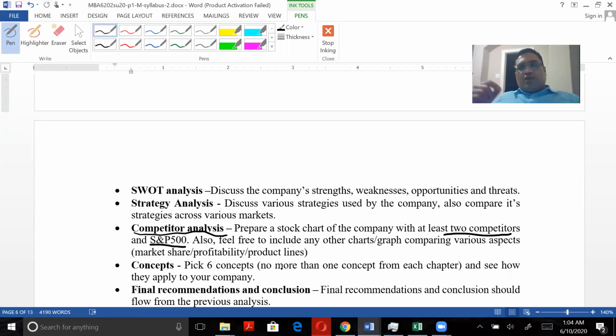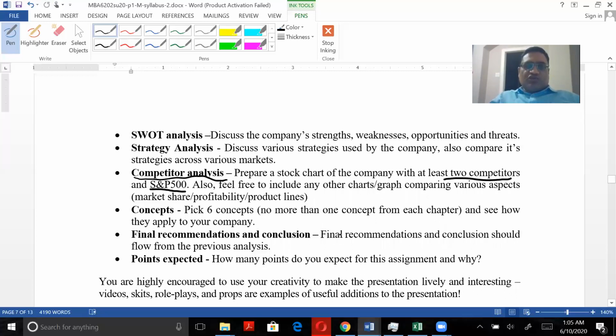So you could say Walmart uses a low-cost strategy, which is a strategy where a company tries to charge low prices for its products, and is more likely to not provide as good customer service as a company that is charging more for the items. So that's the low-cost strategy. That's what Walmart is following. So simple. So pick 6 concepts, talk about those, and give final recommendations and conclusions based on your analysis.